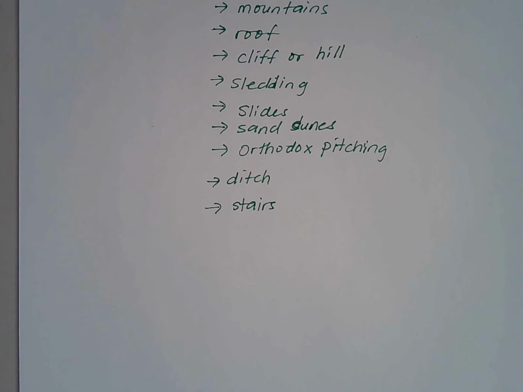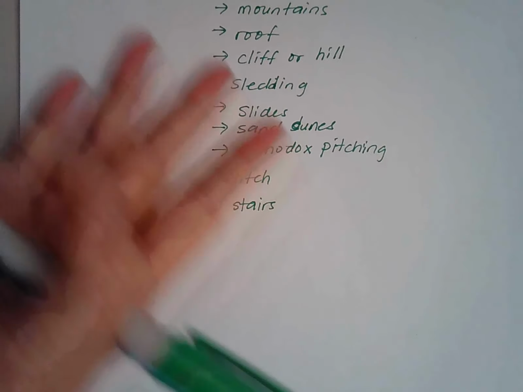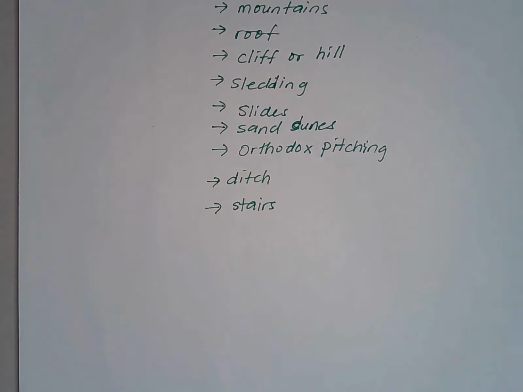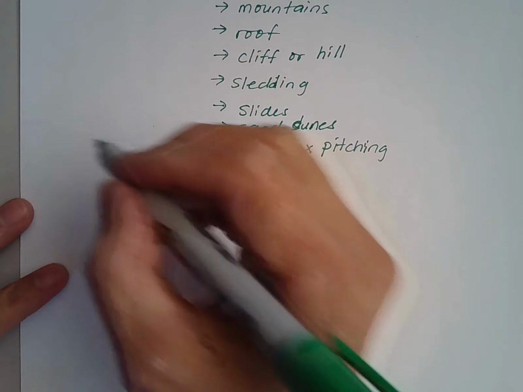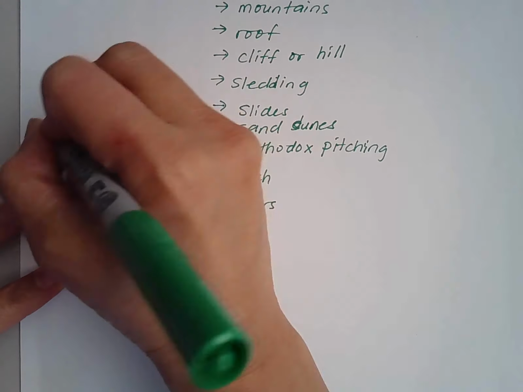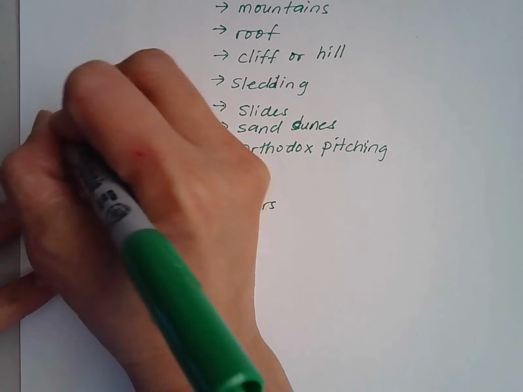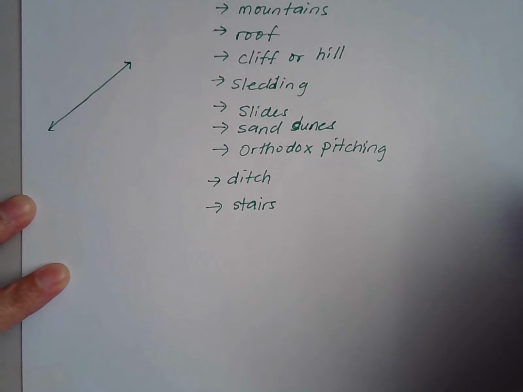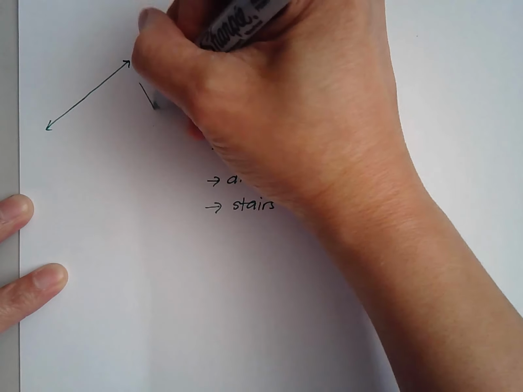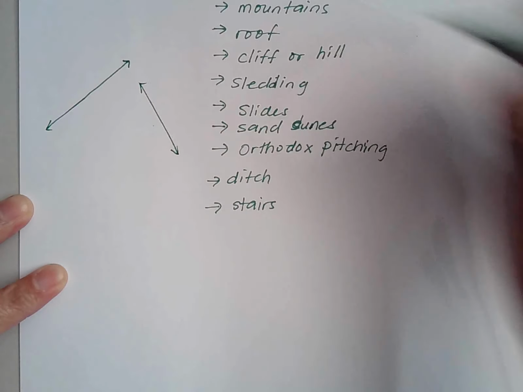It's funny how your mental image of slope is this. Just by the way you describe these examples, you probably have some kind of a mental image of what a slope is, right? So a slope would be either sloping like this, or it could be like this.